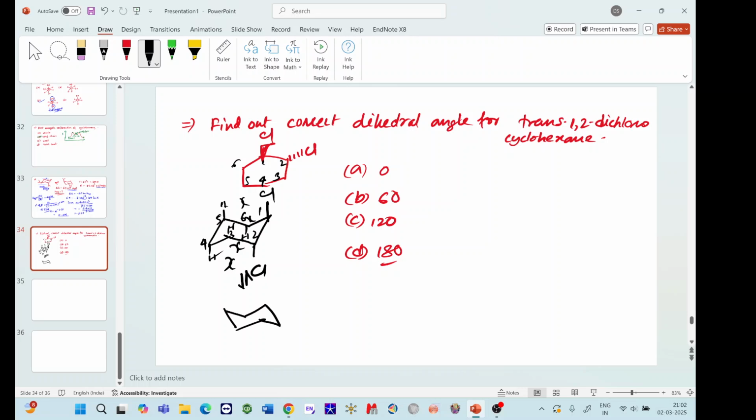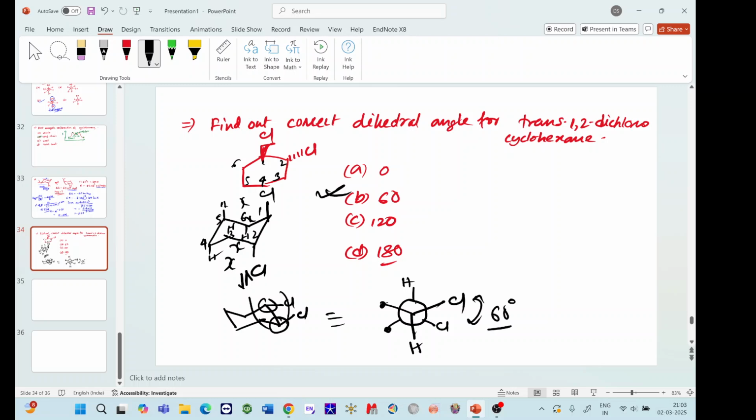If you flip it, then it will be like this. Now do the Newman projection. Newman projection will tell you. Just this part I will do. Here is carbon, this is hydrogen, here you have Cl, this is carbon, this is hydrogen. So the dihedral angle will be 60. This is the right answer.